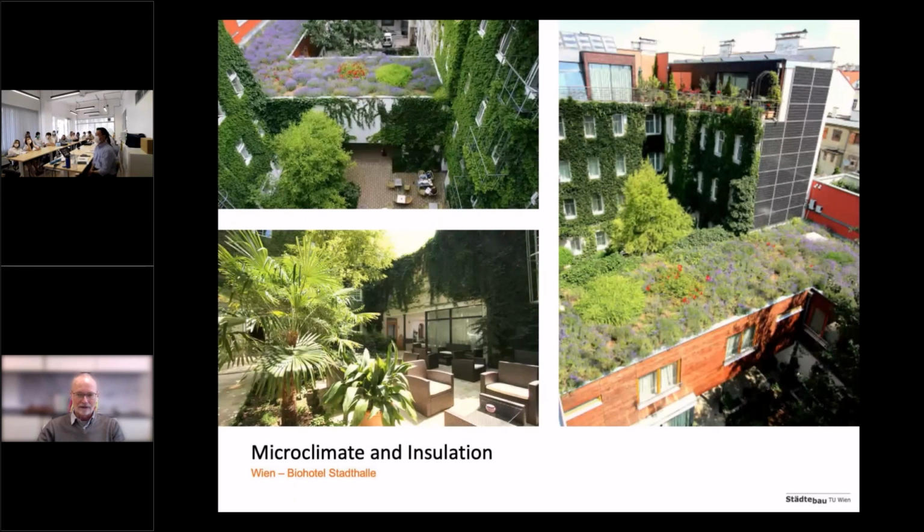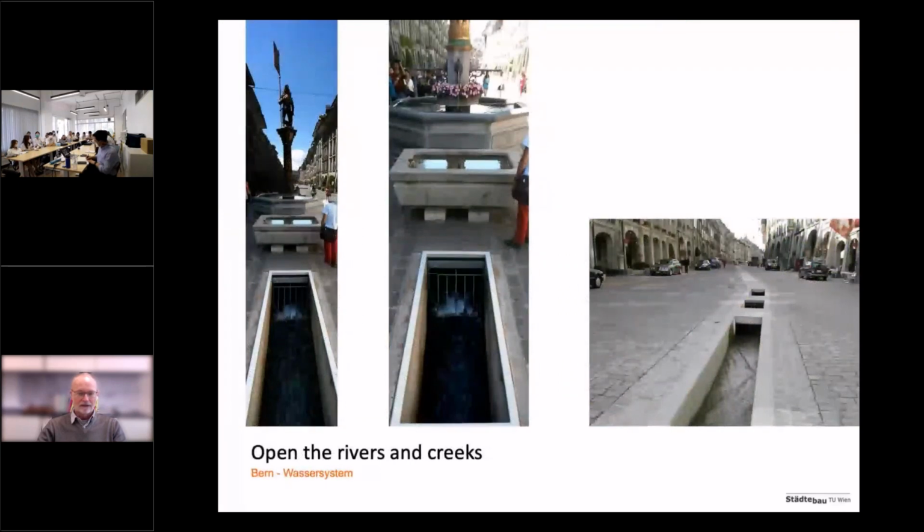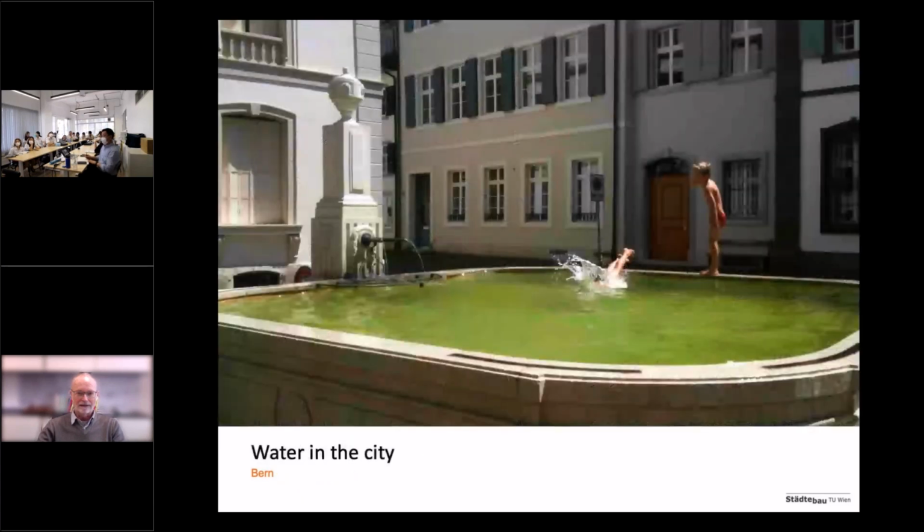We have to provide living conditions, even in open spaces, that are more human friendly, that are related to our environmental possibilities. That means humidity, that means shade, that means a lot of green elements. We have to bring back water and to open up our rivers, also to influence the microclimate.